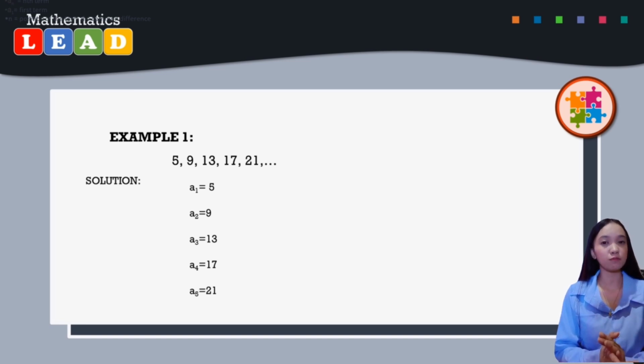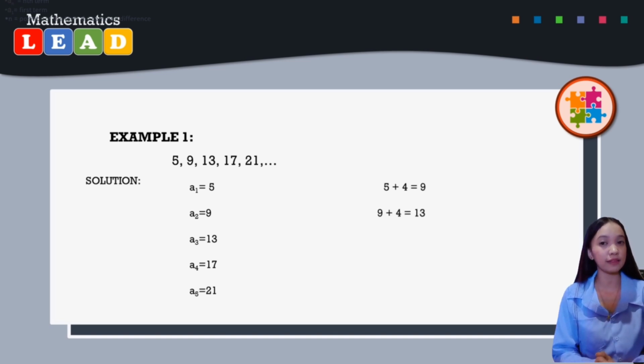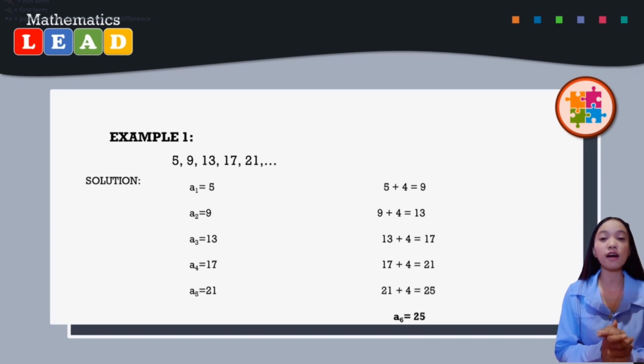After the first term, to determine the next term, we have to add 4. 5 plus 4 is equal to 9. 9 plus 4 is equal to 13. 13 plus 4 is equal to 17. And 17 plus 4 is equal to 21. There is a constant number to be added to each term, and that constant number is the common difference.